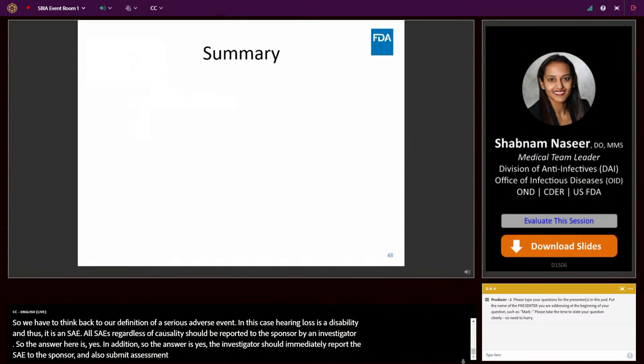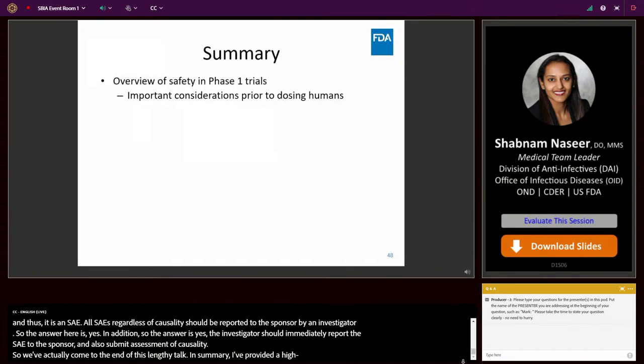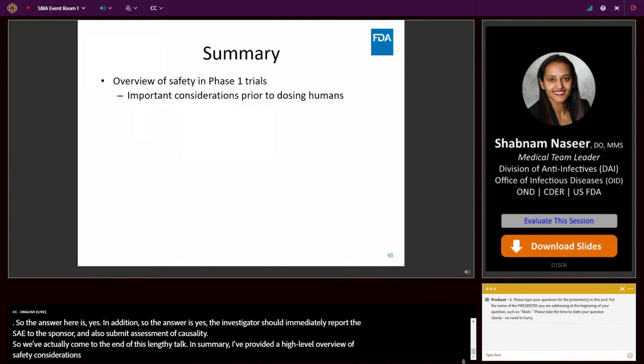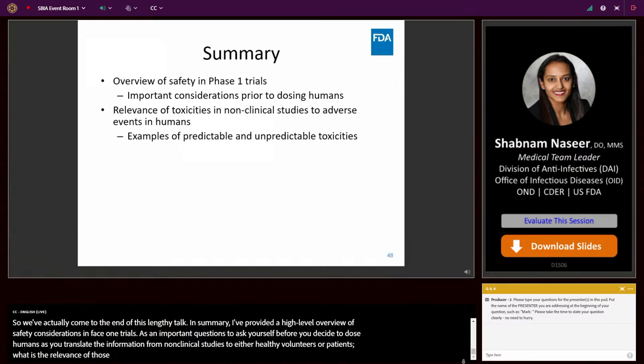So we've actually come to the end of this lengthy talk. In summary, I've provided a high-level overview of safety considerations in phase 1 trials and some important questions to ask yourself before you decide to dose humans as you translate the information from non-clinical studies to either healthy volunteers or patients. What is the relevance of those toxicities seen in the non-clinical studies and how do they translate to adverse events in humans? It's important to keep in mind that there are both predictable and unpredictable toxicities.